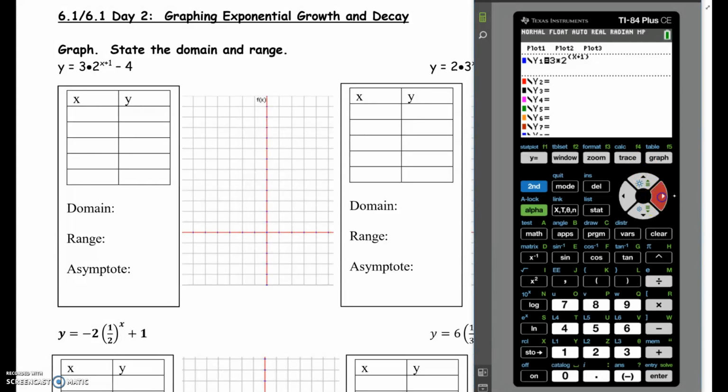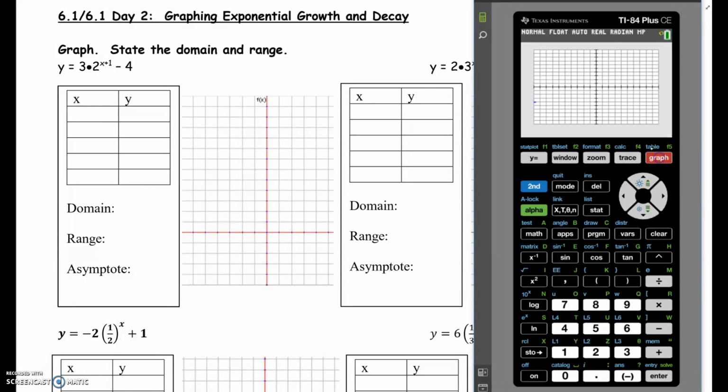I need to push the right arrow to get down out of the exponent. And now I can type in minus 4. If you have an older calculator that doesn't shove your cursor up into the exponent, once you close the parentheses, your exponent is done, and then you can type in the minus 4. If we want to look at this graph, we can push the graph button.